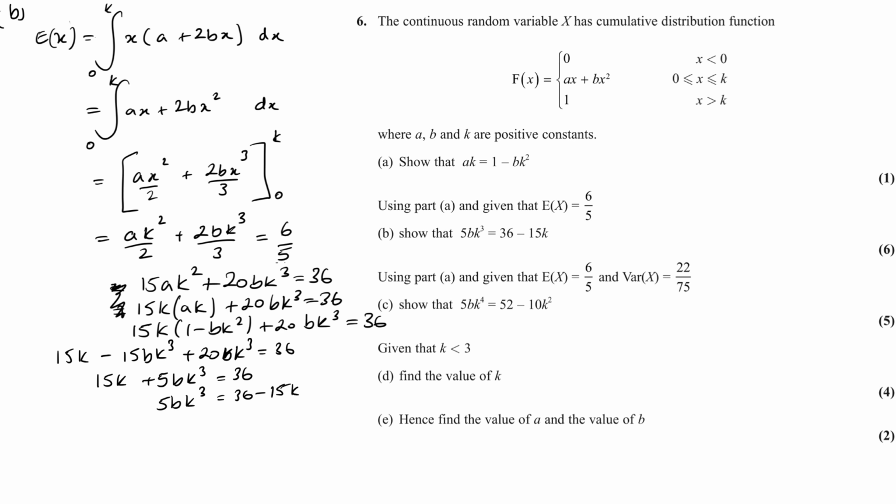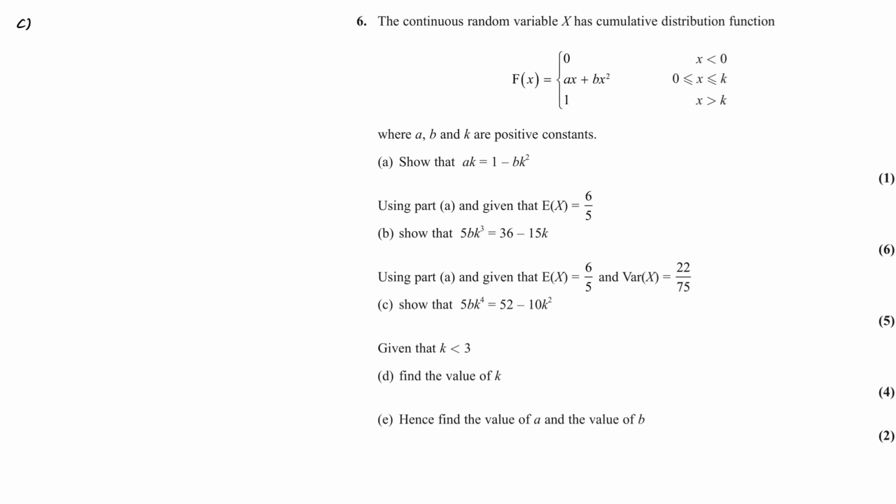Okay, so now we're going to go on to part C. Again, I'm going to make a little bit more room here now. Hopefully you've had enough time to see that. Now, part C. So this time we've got to use the variance.